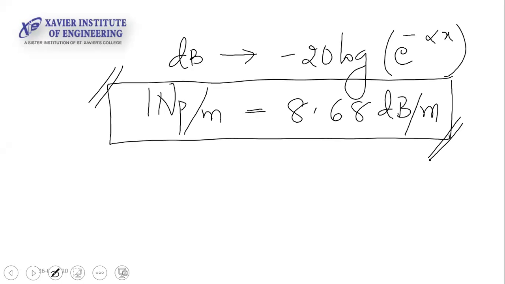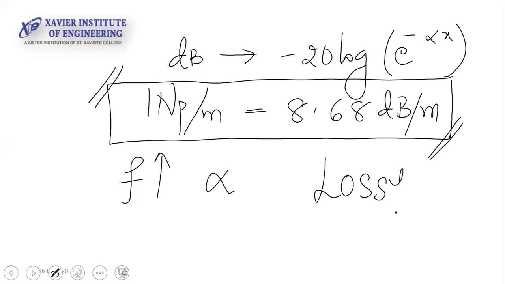I repeat, something important: as the frequency increases, the attenuation constant, that is alpha, also increases. That is the reason the same structure, which works perfectly well at lower frequencies, becomes more and more lossy as you go up to higher frequencies.